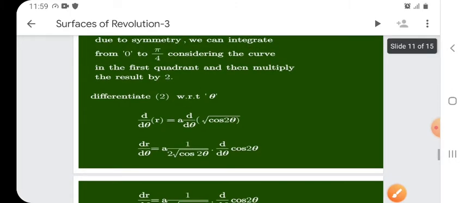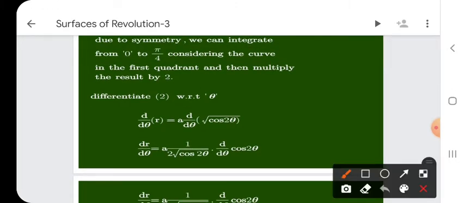First I find dr by d theta. What is r? r equals A root cos 2 theta. A is constant, so d by d theta of root cos 2 theta.